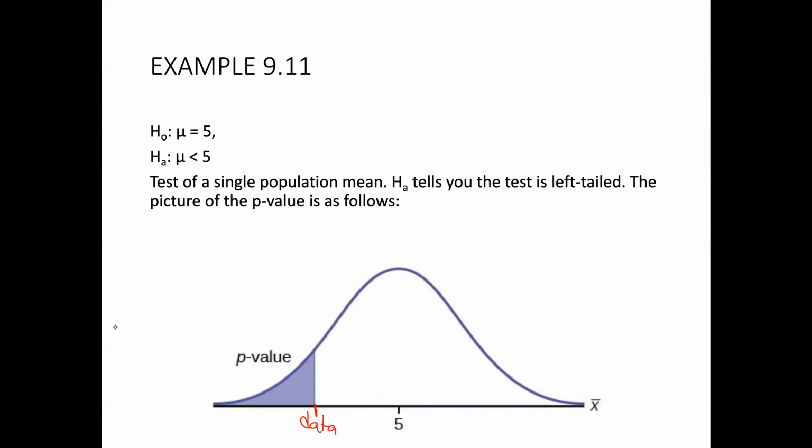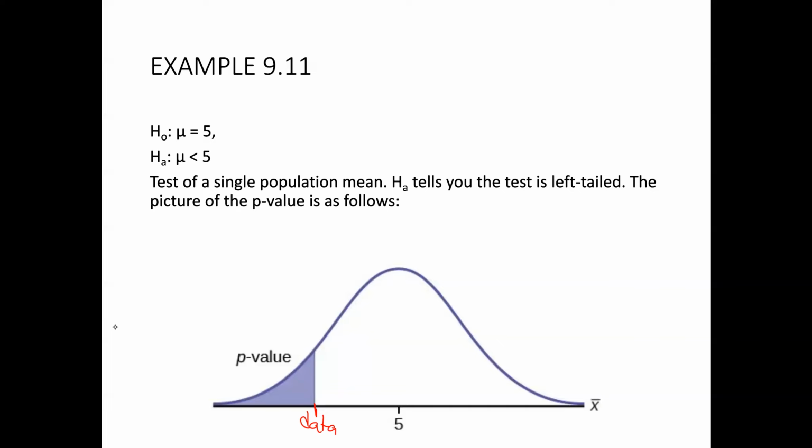Now, even though our alternative is less than, this particular problem states the null as equals. It really doesn't matter if we use equals or greater than or equal to. They're the same thing in this case. The reason being is that when we conduct the hypothesis test and we find the p-value, it is based on the alternative being less than.